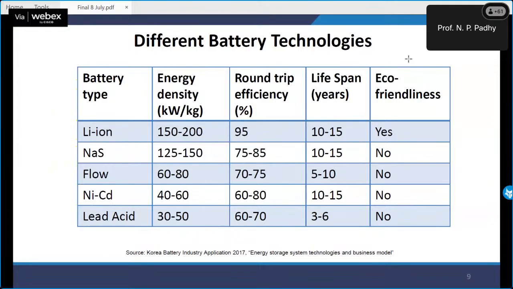But why do we need to do it? Because let us imagine during peak hours, if the cost of energy is 5 times that of off-peak hours, off-peak hour cost is ₹2, peak hour cost is ₹10, then I do not mind spending twice the cost of ₹2, that is ₹4. I'm ready to invest and get the water back so that I can generate when the energy cost is actually ₹10.